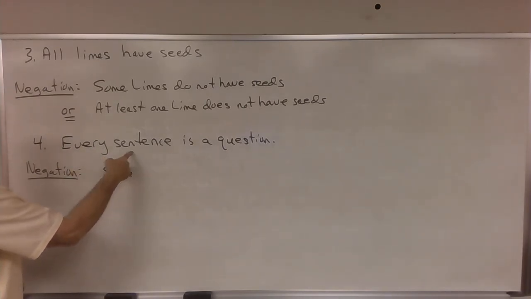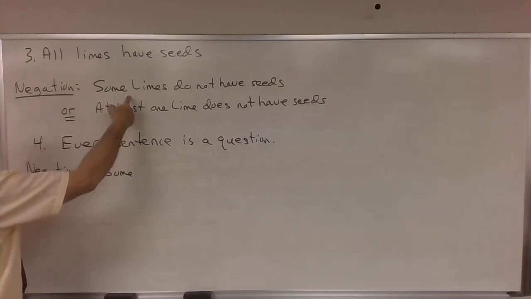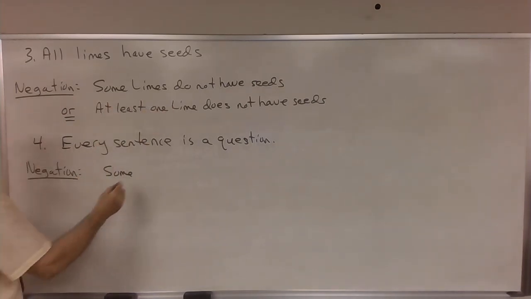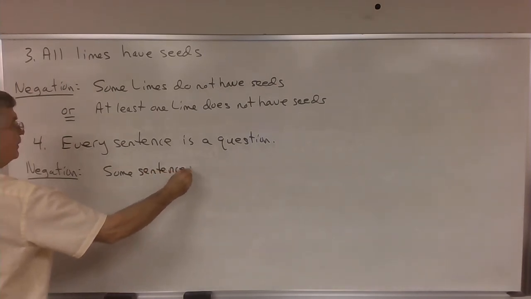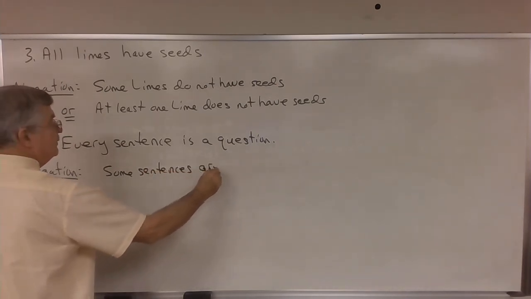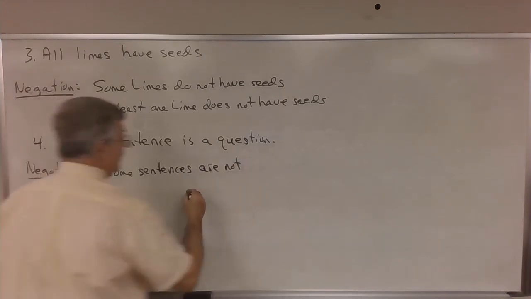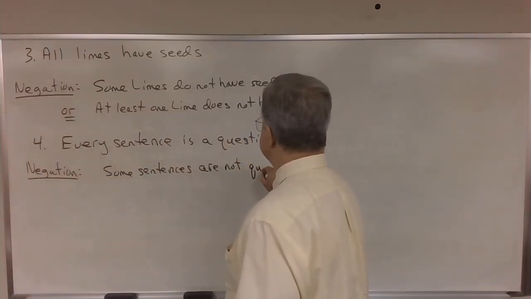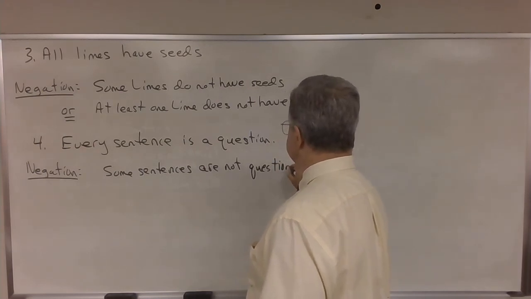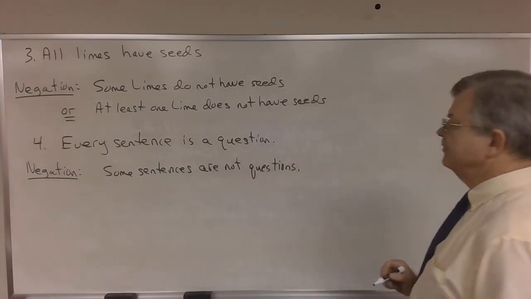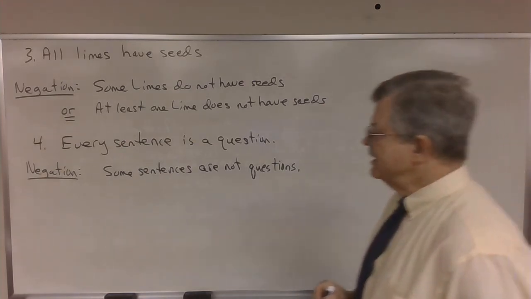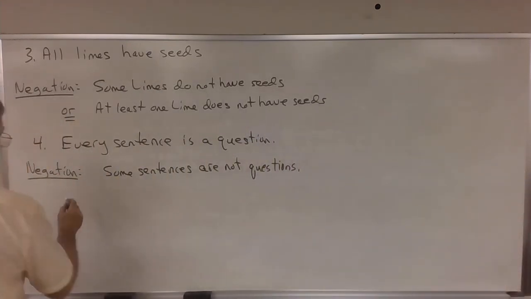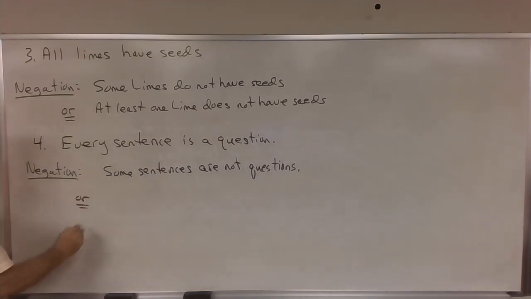So if everyone is or all are, the negation is some do not or some are not. Some sentences are not questions. Or we could say, at least one sentence is not a question.